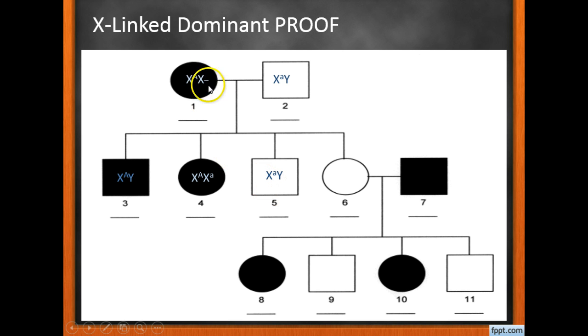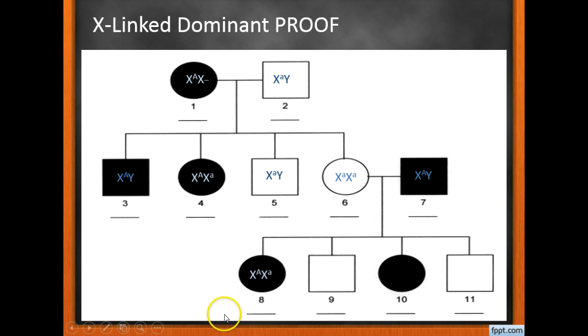So now if we wanted to, we could go back and fill out this dash to be a little a, because the only way for this male to be unshaded is if mom had a little a, because dad's going to pass down the Y chromosome. And because we know now that this is a little a and dad has a little a, this is possible. And this female marries in a male that has a big A because he's shaded in with his Y chromosome.